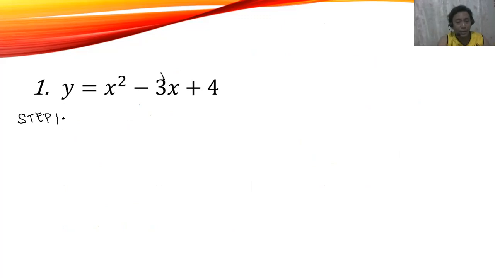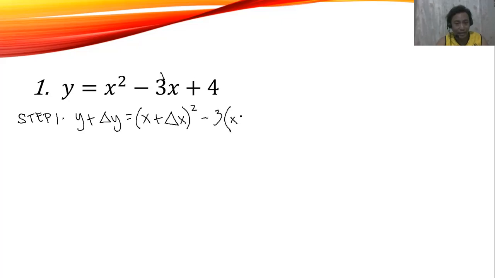For step 1, we change y to y plus delta y, and all x to x plus delta x. So instead of x squared, it becomes (x plus delta x) squared minus 3 times (x plus delta x) plus 4. After this, we have to simplify.